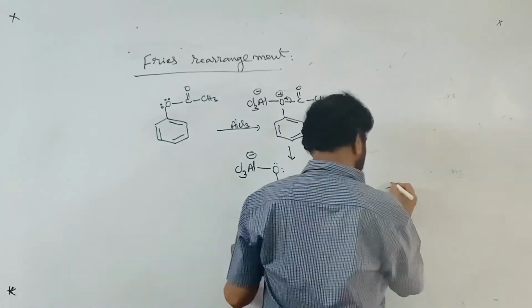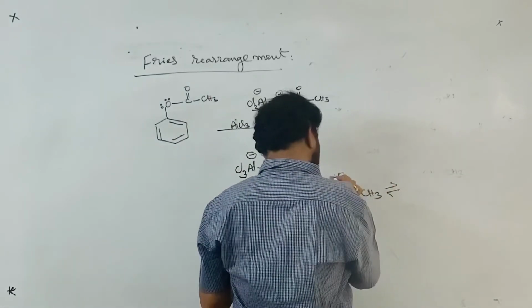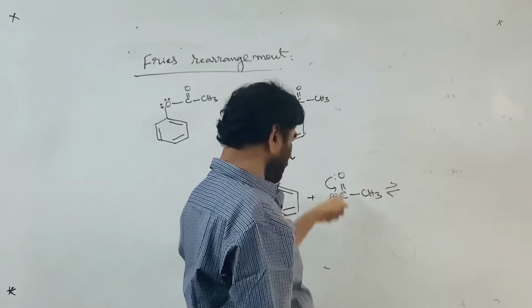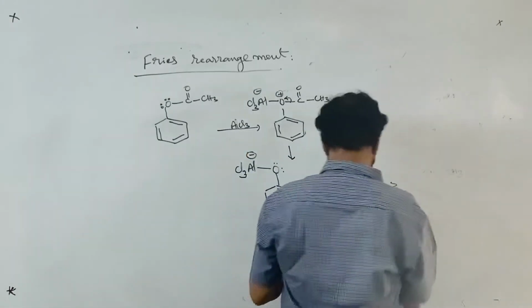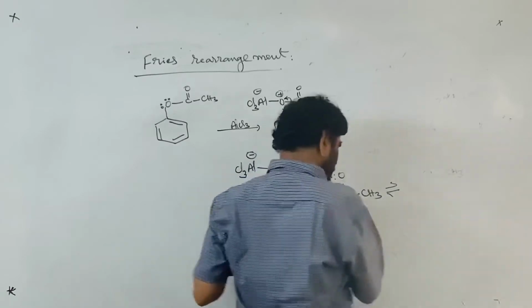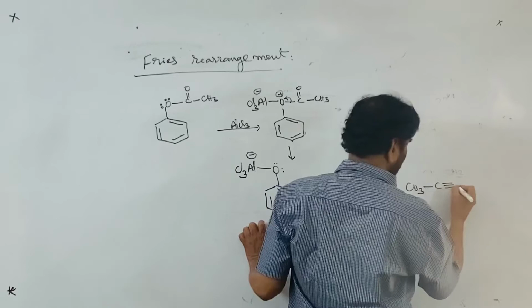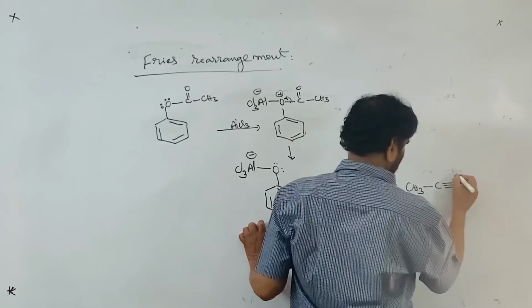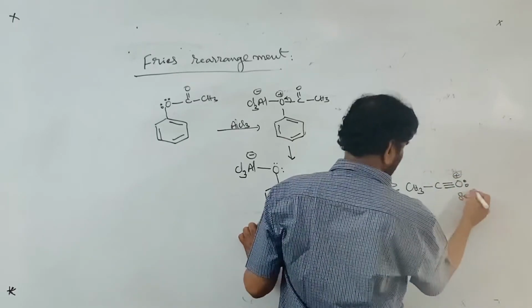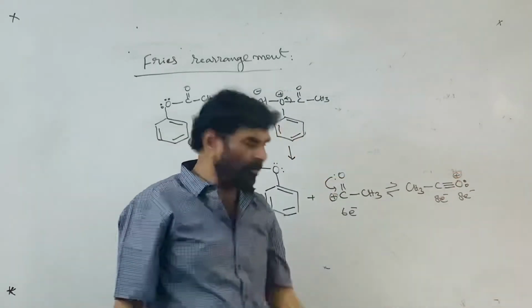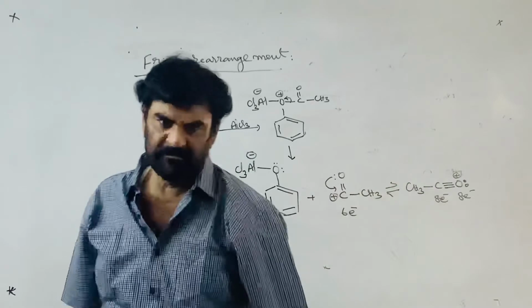This is stabilized by back bonding, the alpha effect: a positive charge and a lone pair separated by a single bond, so resonance is possible. Here is the 6 electron system; the more stable form is CH3 C triple bond O, with a lone pair. Now 8 electrons, another resonance structure. This is the more stable, unreactive form.